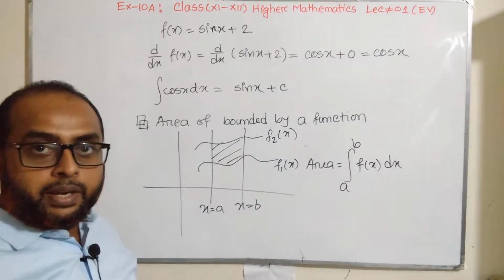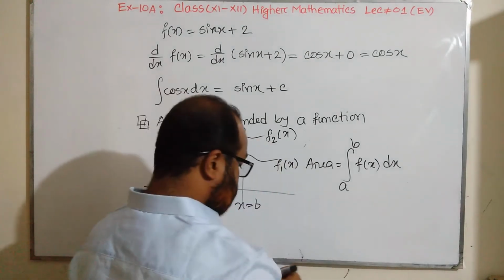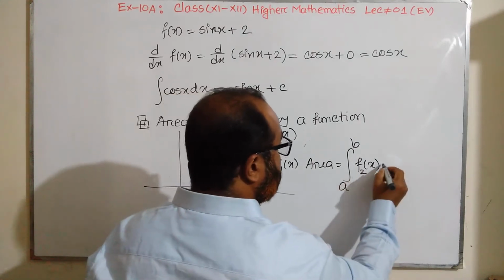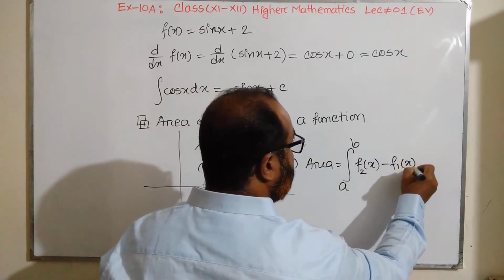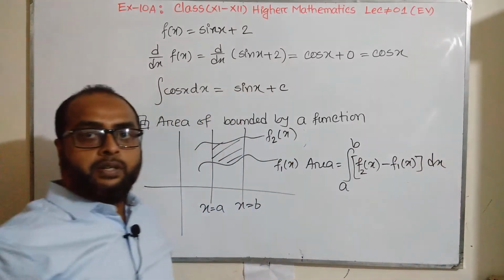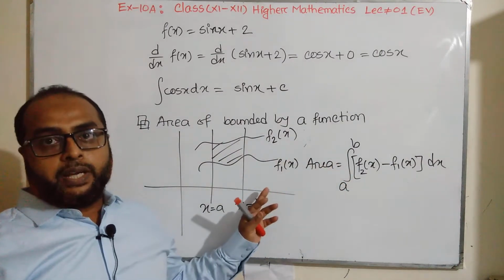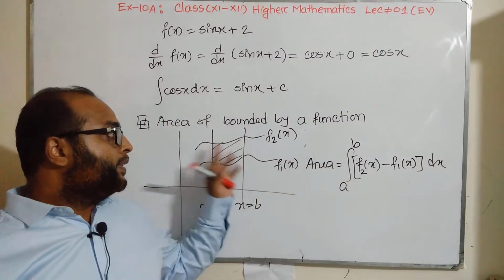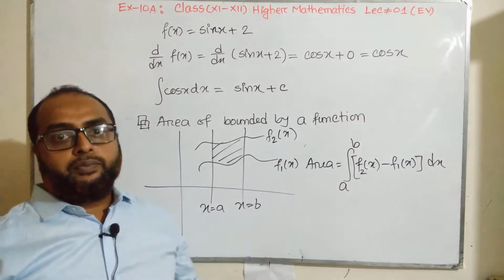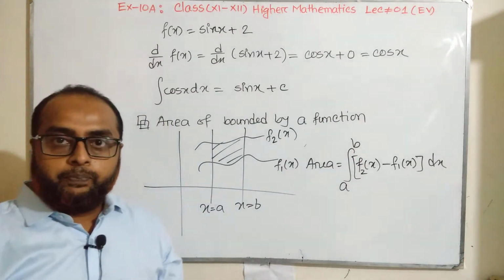So the area of this region is the integration of f2(x) minus f1(x) dx. So here this is the summation of dx, that means the area is denoted by the integration with limits a to b.